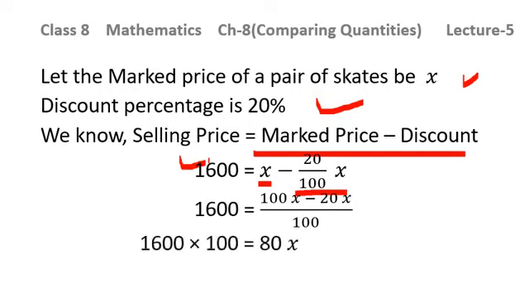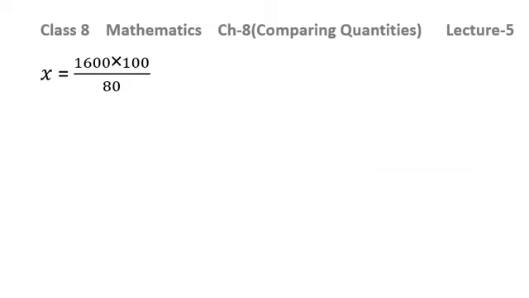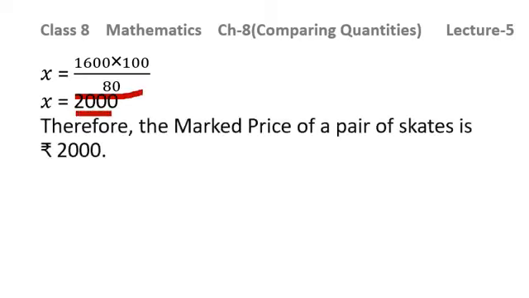This 100 will be shifted here and multiplied by this. So it will be 1600 into 100 is equal to 80x. So here x will be 1600 into 100 over 80. After calculating, you will get x is equal to 2000 rupees. Therefore the marked price of the pair of skates will be rupees 2000.